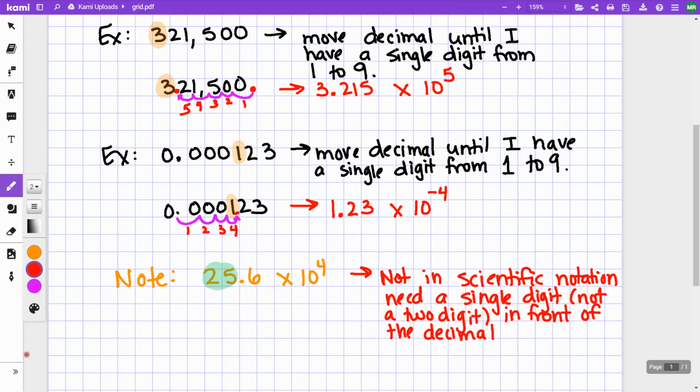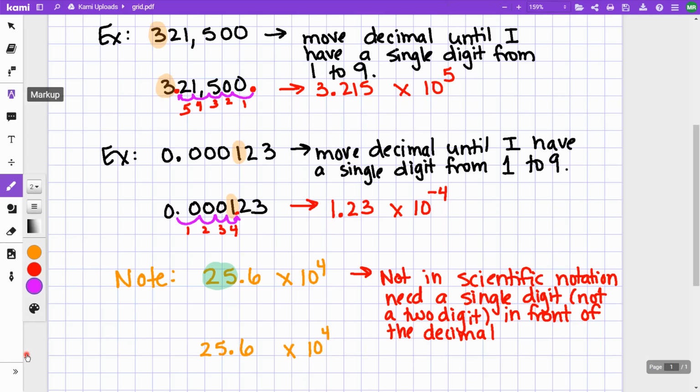So if I was going to take this 25.6, which is times 10 to the power 4, okay, so really I would move this decimal 4 places to get the actual value. But if I wanted to know if this is in scientific notation, it is not.